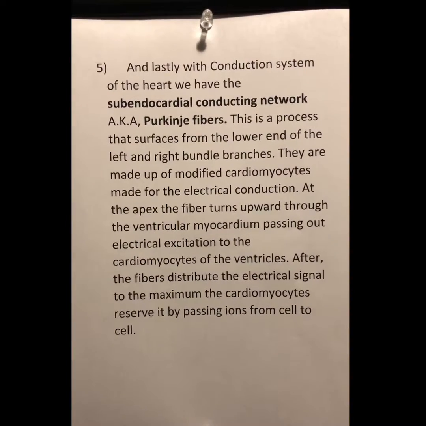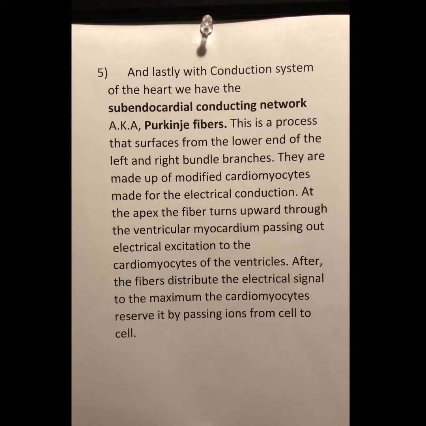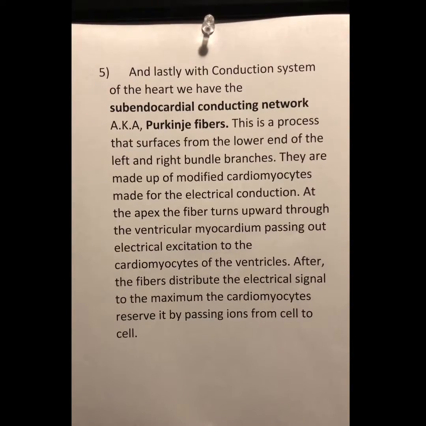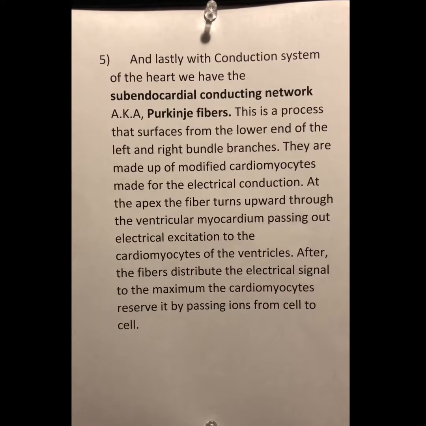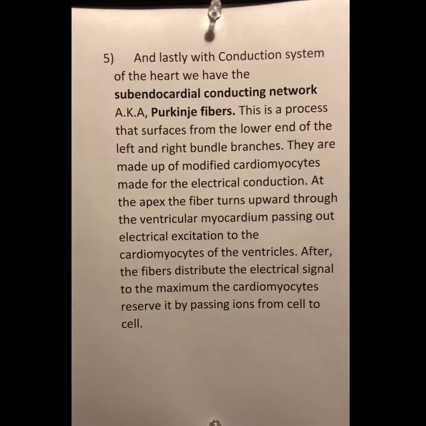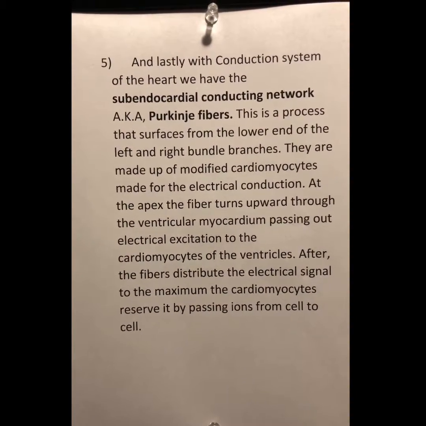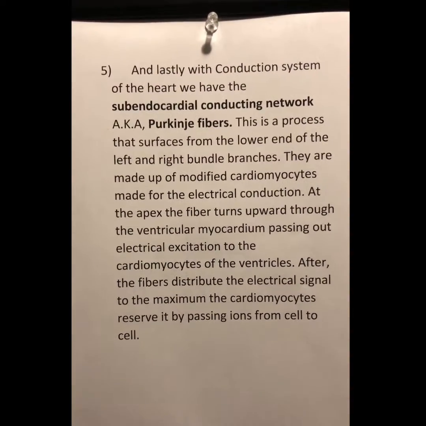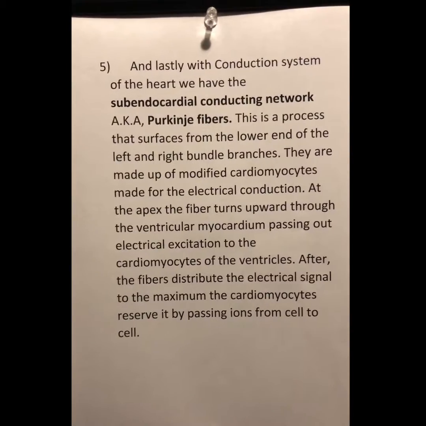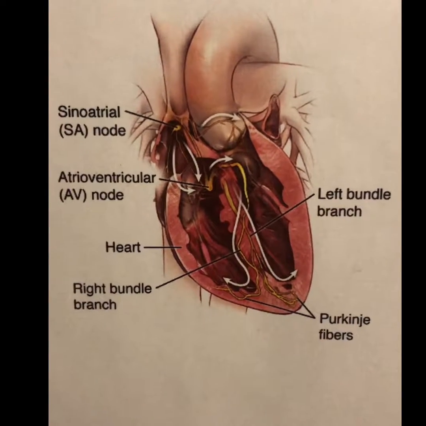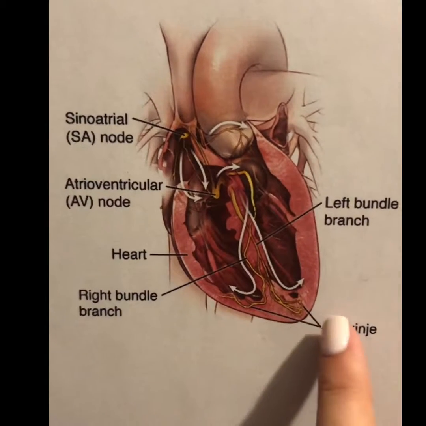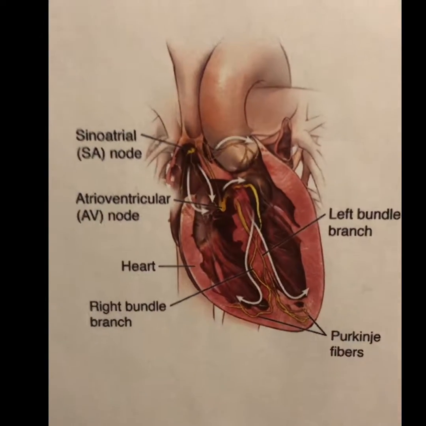At the apex, the fibers turn upward through the ventricle myocardium, passing out electrical excitation to the cardiomyocytes of the ventricles. After the fibers distribute the electrical signal to the maximum, the cardiomyocytes reserve it by passing ions from cell to cell. And as you can see right here, sending down from the bundles are the Purkinje fibers.